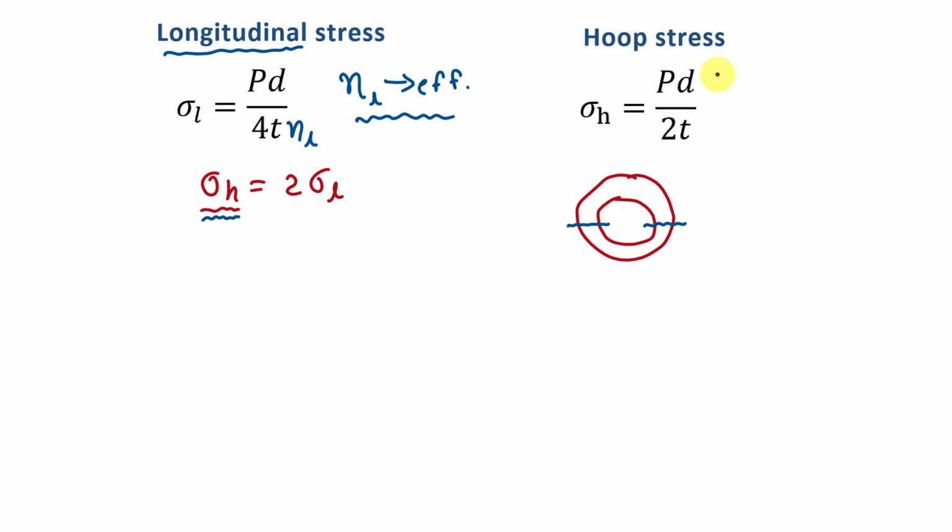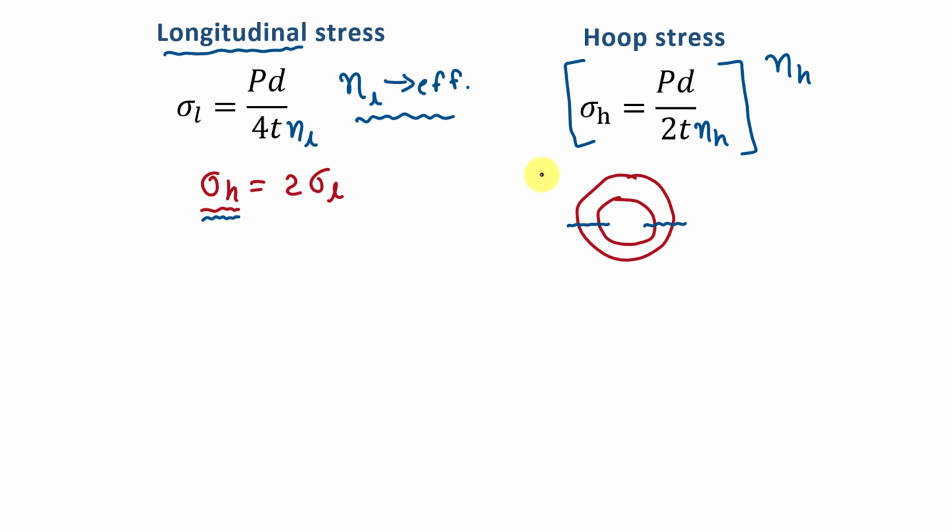And similarly, if efficiency is given for hoop stress, let's say that is eta H, then you have to put eta H here, and this will be the equation to find the hoop stress in the body.